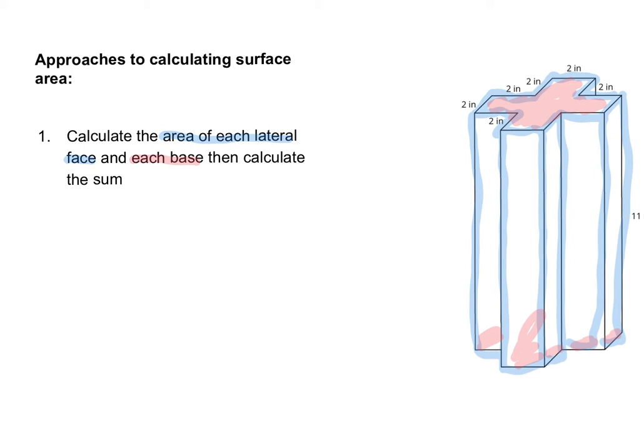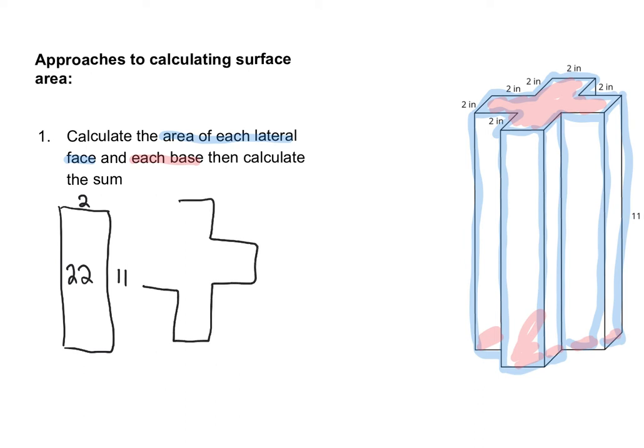If you have a figure like this, this method is really, really annoying because we would basically be doing the same thing 12 times, where we would be taking the area of one of our lateral faces, which is a long rectangle that is 2 inches by 11 inches, and saying that we have 12 things that are 22 inches squared, and then our base. That's a horrible drawing, not to scale, but whatever, where all of these are 2.